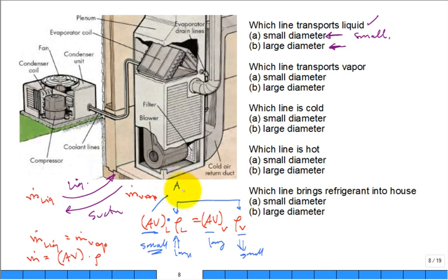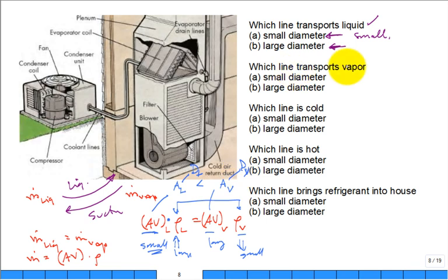The area for the liquid line is small compared to the cross-sectional area for the suction line, which runs the vapor. Because isn't the area pi d squared over 4? I know it's not proportional, it's d squared, but you have a small diameter for the liquid line and you have a larger diameter line for the vapor or suction line.